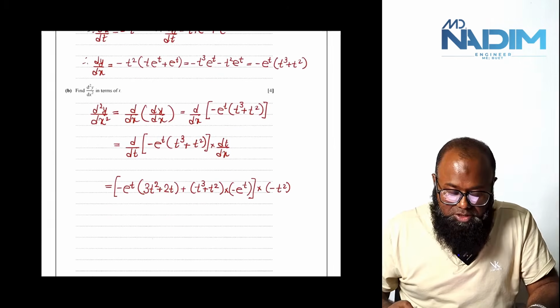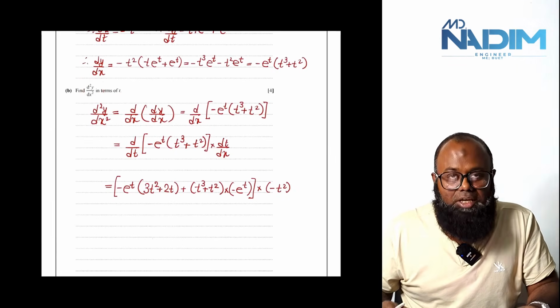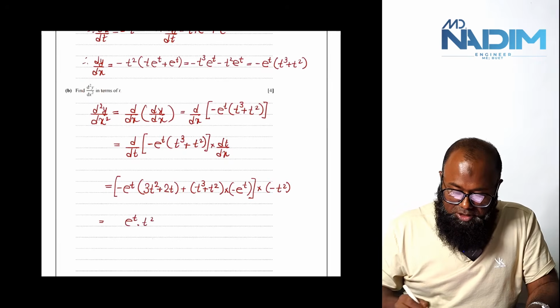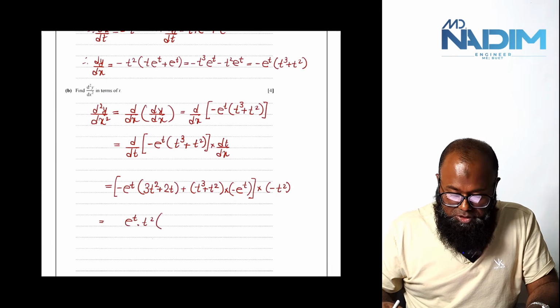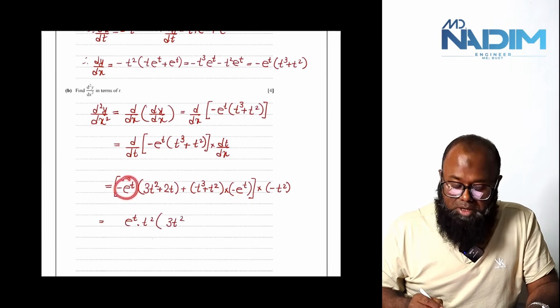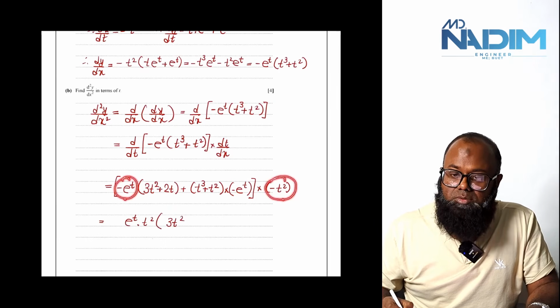Now I have to just simplify to get the expression of the second derivative in terms of t. That would be the end of this sum, guys. Now, I'm taking minus e to the power t as common, and we have minus t squared outside.